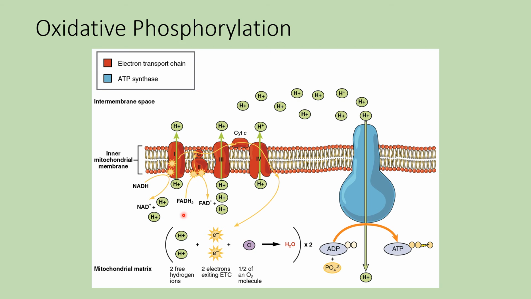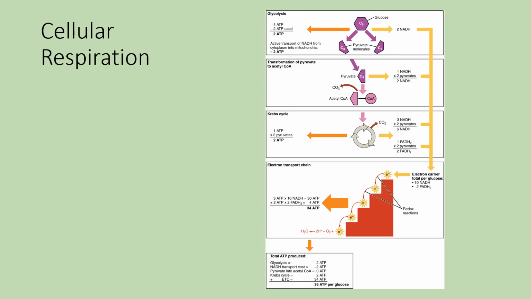For every FADH2, because it comes in a little bit further down, you will only generate 2. So let's go back and look at the entire cellular respiration. And what did we generate? If we're talking about the whole purpose of this being to generate ATP for energy, from glycolysis itself, yes, you generated 4, but at the very beginning you required 2, so your net gain is only 2 ATPs.